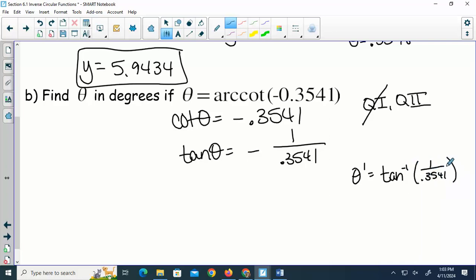And switch it into degree mode because I said degrees. Make sure everybody's typing this in correctly and getting it to work out.